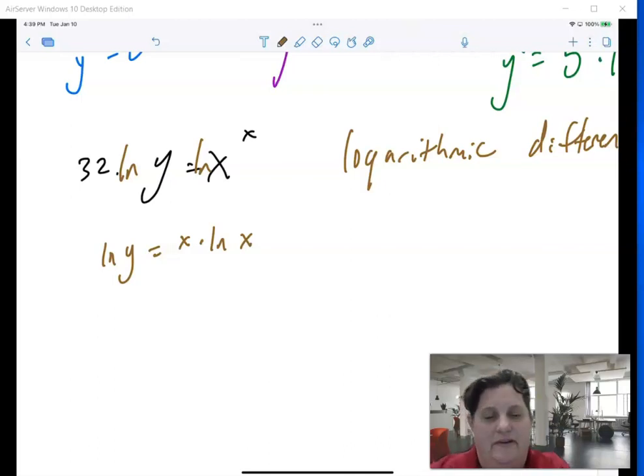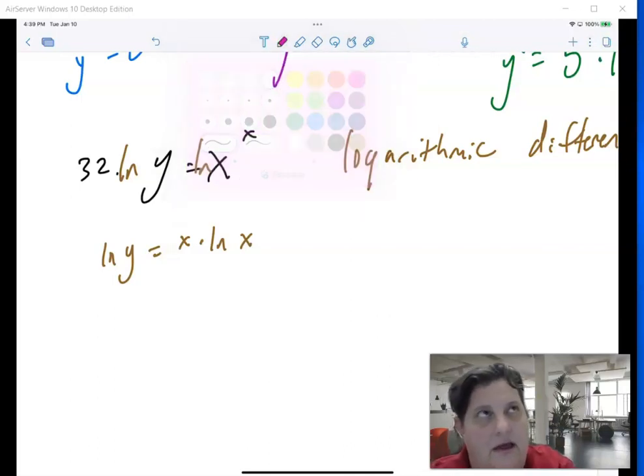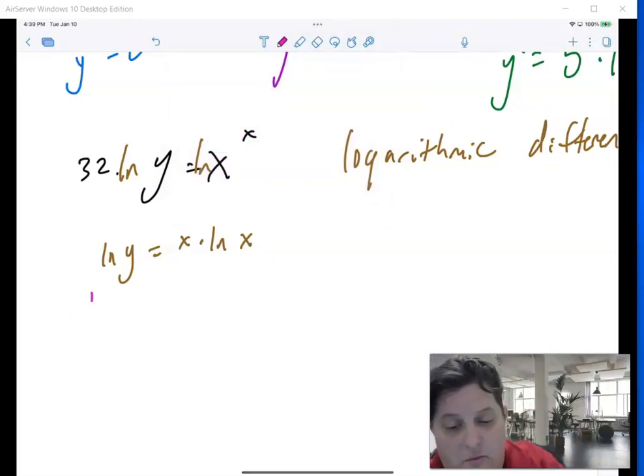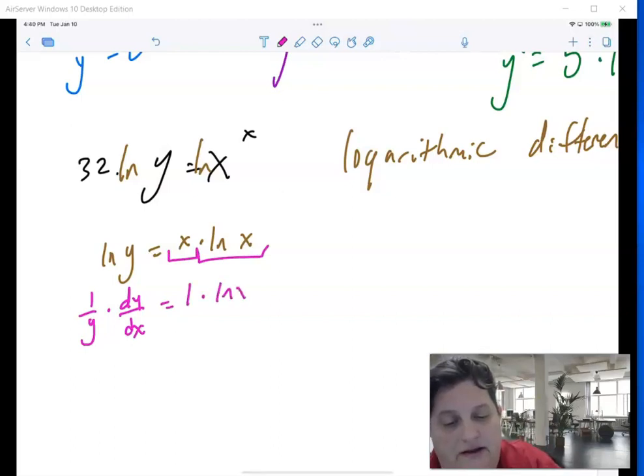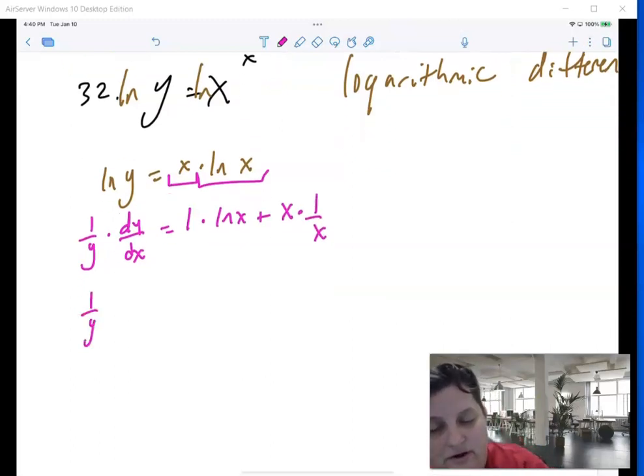Now I'm going to take the derivative of this, but I'm going to do it implicitly. The derivative of ln of y is 1 over y times y prime, or dy dx. This is a product rule. Derivative of the first is 1 times the second, and then first times derivative of the second. So I have 1 over y dy dx equals ln of x plus 1.